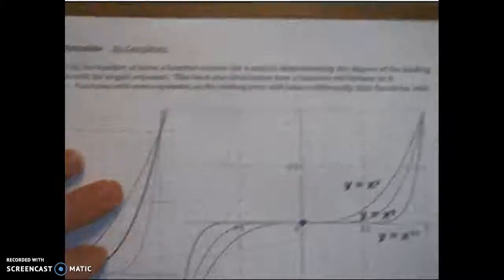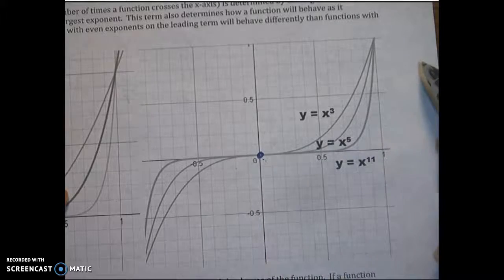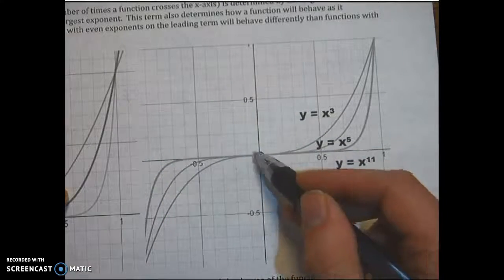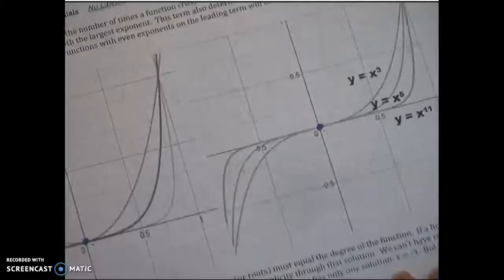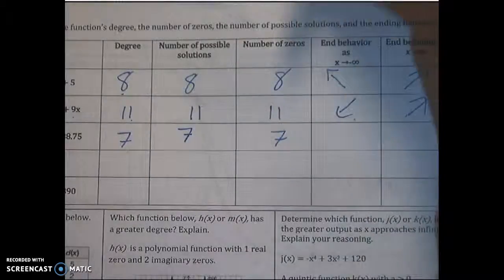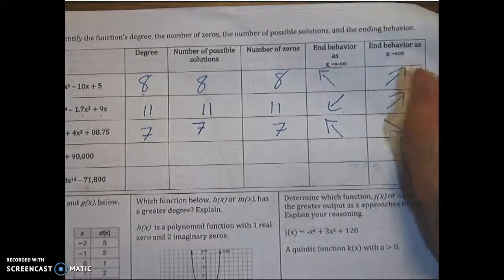So instead of going down this way and up this way, the negative's going to make it flip, so it's going to go up to the left and down to the right. The negative in the front switches the behavior. So that means that it goes up and to the left and down to the right.